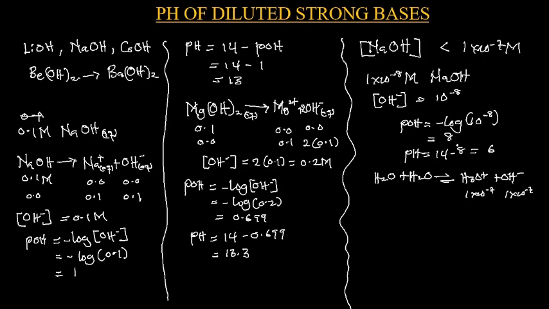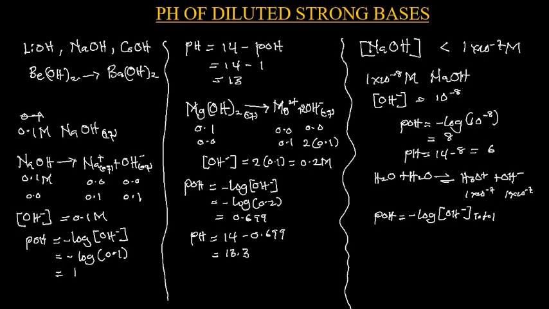So in a scenario such as this, we'll have to consider this concentration of OH minus also. So we will now be looking at pOH as negative log of the total OH minus concentration. So this time we're looking at the total. What does it mean?